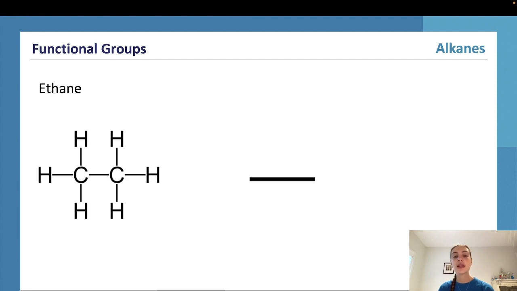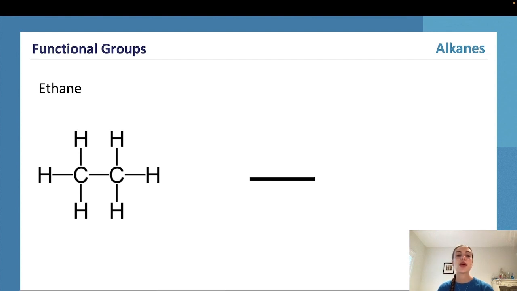With the skeletal structure, we're assuming that any hydrogens are just there, they're not explicitly ever shown, and then we're assuming that the carbon is the end of any of the molecule, so the two ends of these for ethane being the two carbons, and then the hydrogen just being assumed to be there. With longer molecules, they'll be forming a zigzag shape, and so any ends of the molecule and any points of the molecule will be assumed to be carbons.